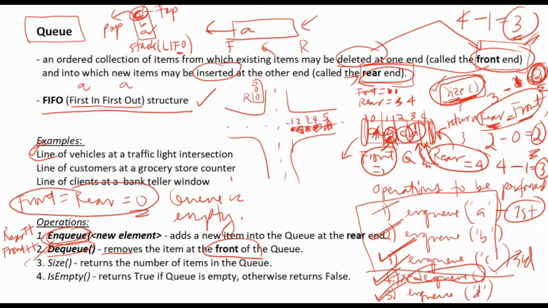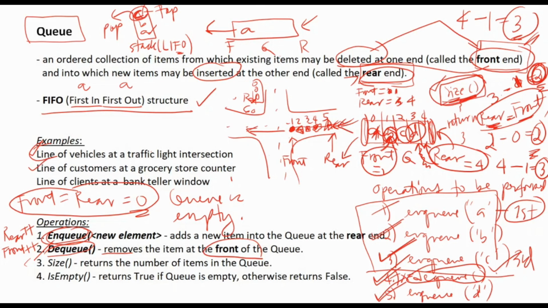So this part here is the front of the queue, and this part here is the rear of the queue. It adds more vehicles on the queue when there are more vehicles arriving. So when it is red or stop, this is the first vehicle in the queue. The first vehicle in the queue, when this gives you a go signal, a green color, is the first to get out. So this is an example of a queue.